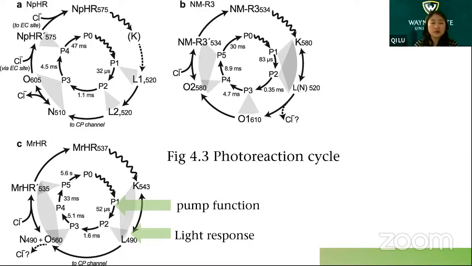And the outer cycle is more focused on the light response, to see that at this state these channels are more sensitive to certain light wavelengths.